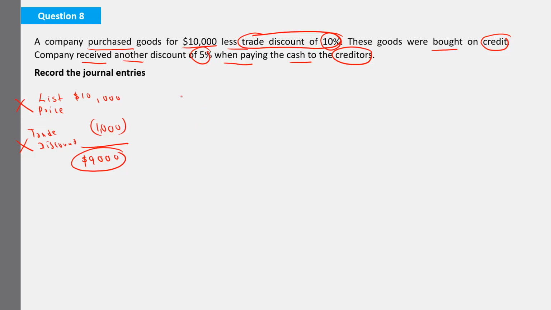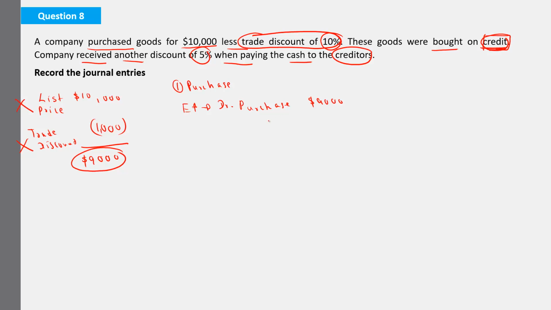So let's record the double entry for your purchases. How much is the purchase expense? Expense increases. Which expense? Your purchase expense increases, debit record. How much is that? $9,000. And you are purchasing these items on credit, as I have given in this question.